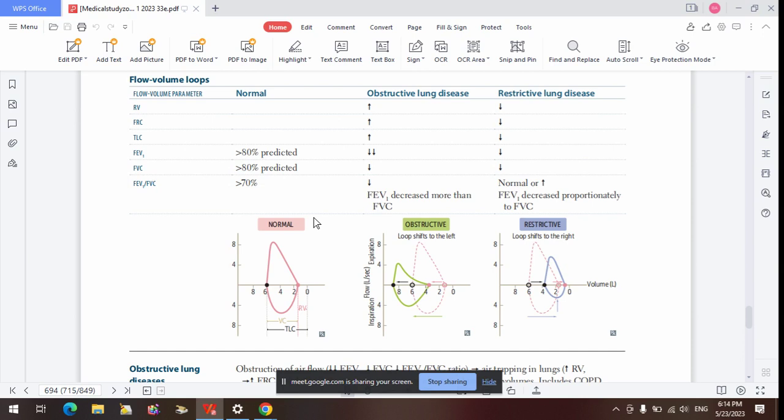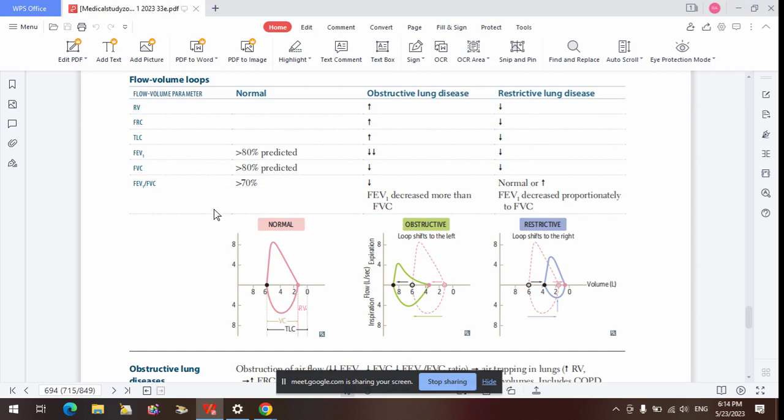So what is this ratio that we're talking about? Normally it should be more than 70%. Once you have that ratio less than 70%, we are looking at an obstructive pattern. Once you see it more than 70%, or even far increased like 80, 90, you are looking at restrictive.